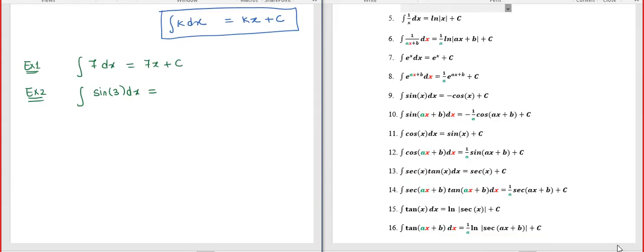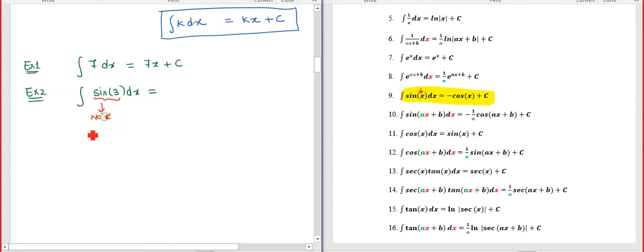For this one, you may be getting confused that it is sine, so this rule is to be used, right? But now check one thing. In the sine rule, we have x. But here, there is just sine of 3. There is no x.